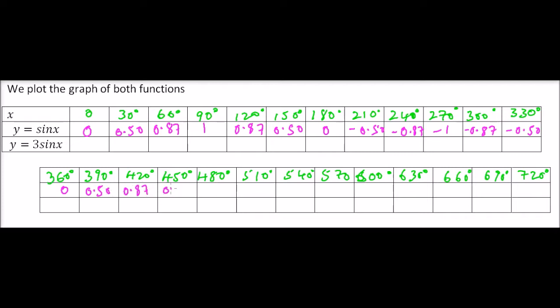0.87, 450 is 1, so we have 1, we have 480, it is 0.87, then we have 510, it is 0.50, then we have 0, minus 0.50, minus 0.87, we have minus 1, minus 0.87, then we have 690 is minus 0.5, and we have 720, we get 0.